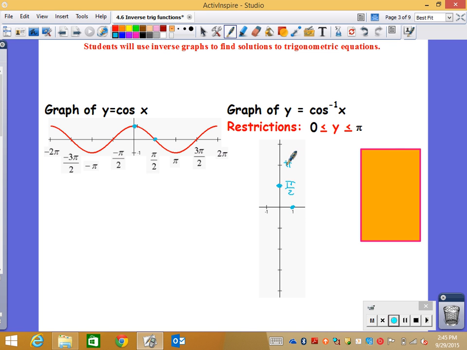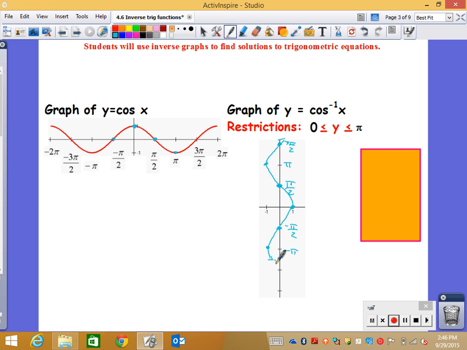At pi, my y value is negative 1, so I have a negative 1 at pi, and then at 3 pi over 2, I have a 0. And then we can also go in the negative direction again. At negative pi over 2, my y value is 0. At negative pi, I have an x value of negative 1, and so on and so forth. We can connect those up.